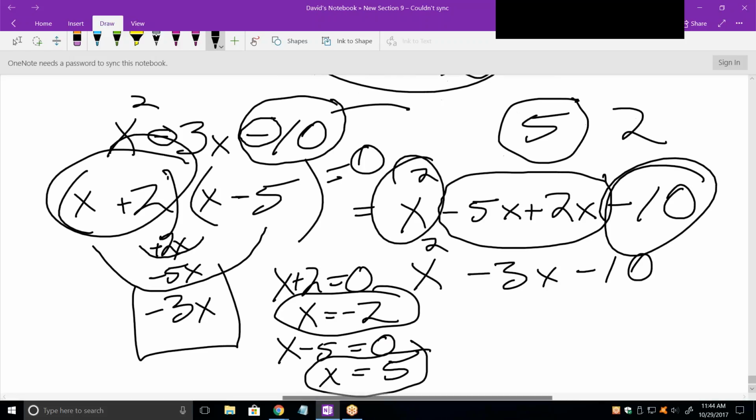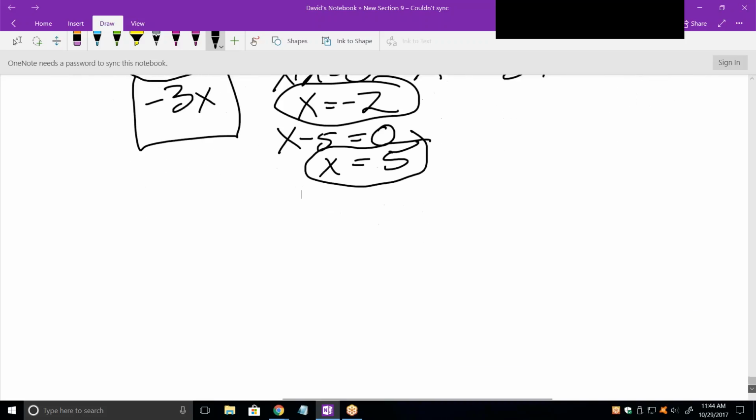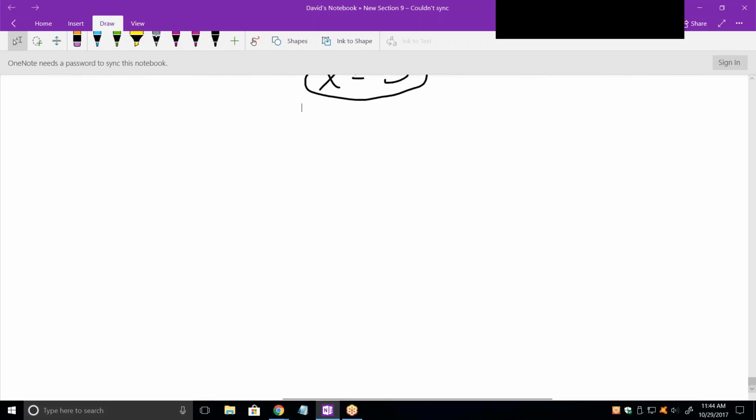Now, that's as hard as first degree quadratics get. Let's talk about second degree quadratics, because those are harder. In other words, at this point, you should be able to do every simple quadratic. Here, let me just test you. Let me give you a simple one.